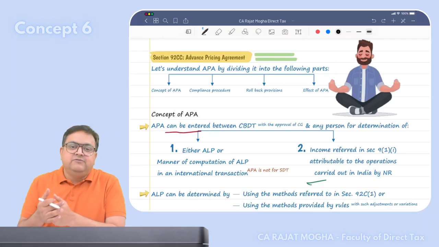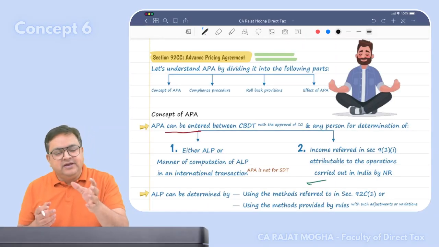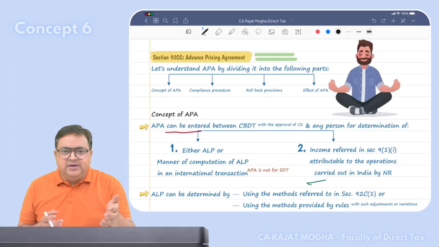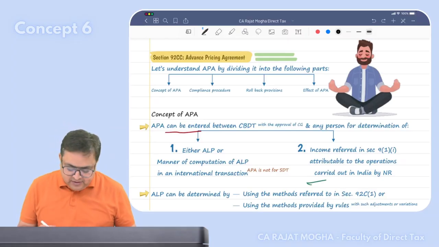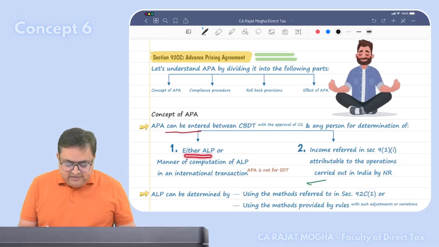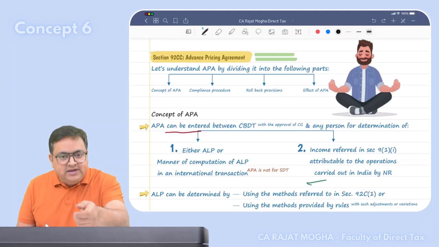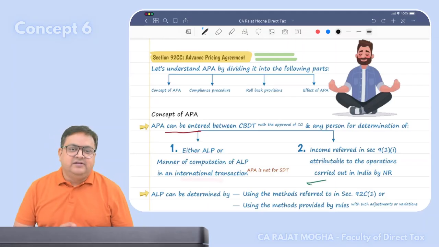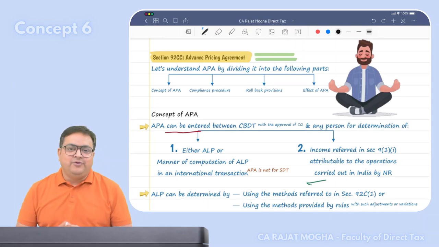So APA can give you the ALP, and they can give you the method also. And which method will they give you? Any of those 5+1 methods, or they can give those methods with certain variations also. So either they will decide the ALP, or the manner of computation of ALP, that is, how you should compute the ALP in an international transaction. In an international transaction, very, very important.